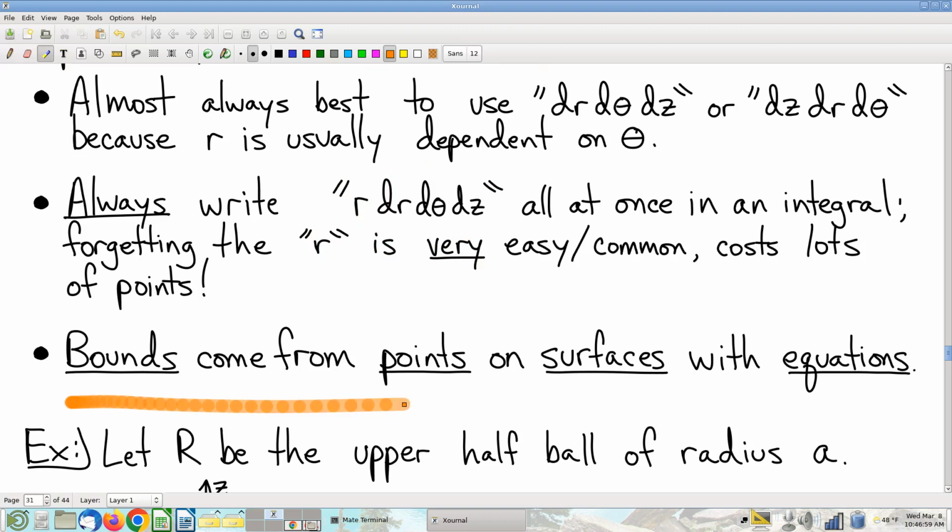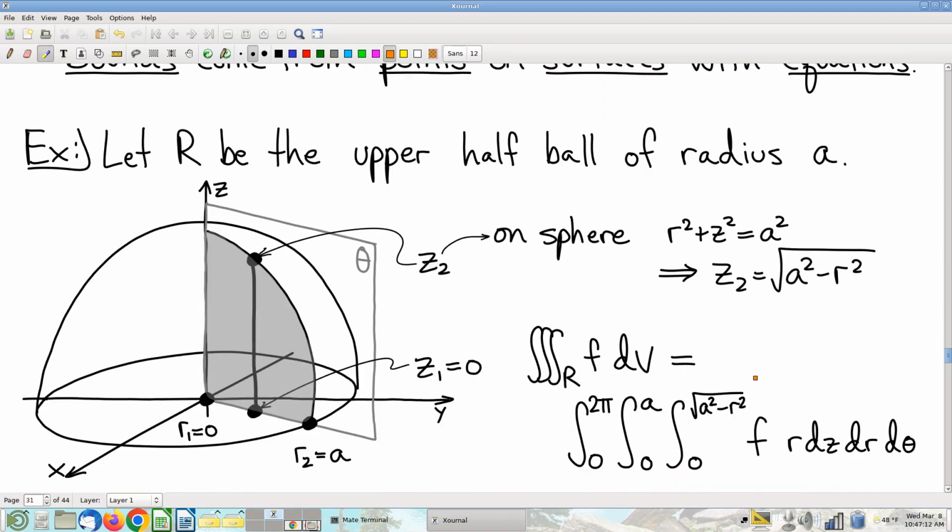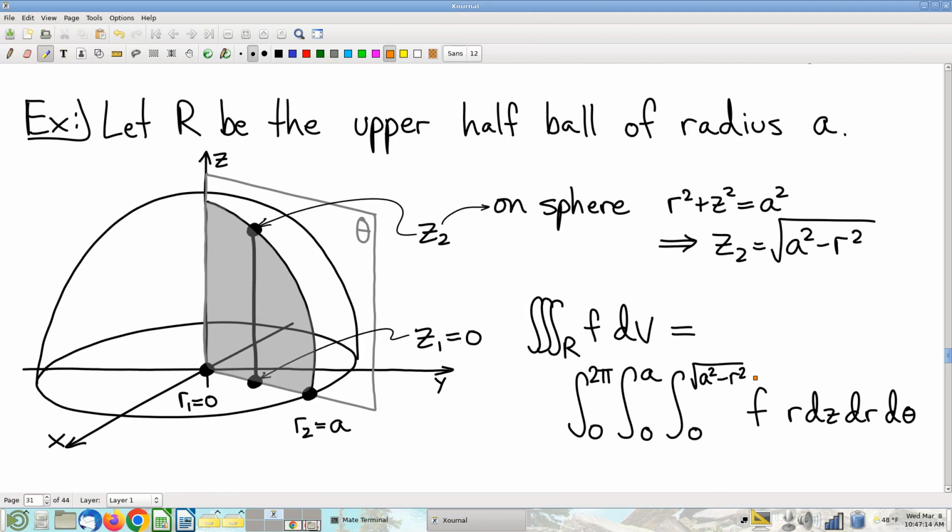Then again, you need to pay attention to where the points are that define your bounds and identify them as being on certain surfaces. Look at the equations and then solve for what you want. That part is just like everything else we've ever done. So here we go. Let's start with this example right here. Upper half of a ball of radius a.